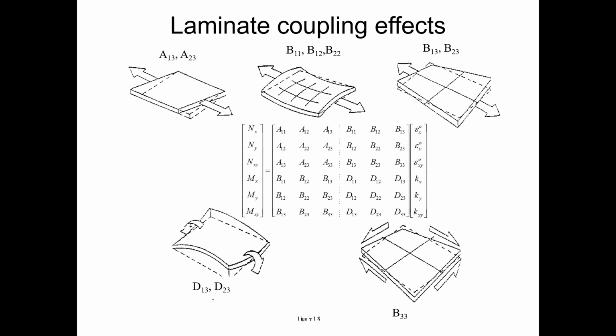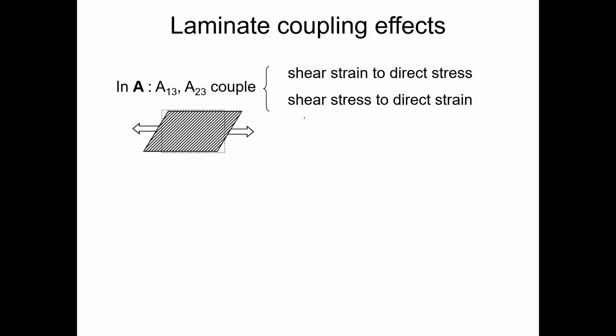For example, D13 and D23, if they are not zero, will cause some flex out of plane. A13 and A23, if they are not zero, will cause some shear deformations. Now let's look at the physical meaning here. A13 and A23 couple the shear strain to the direct stress, the shear stress to the direct strain.